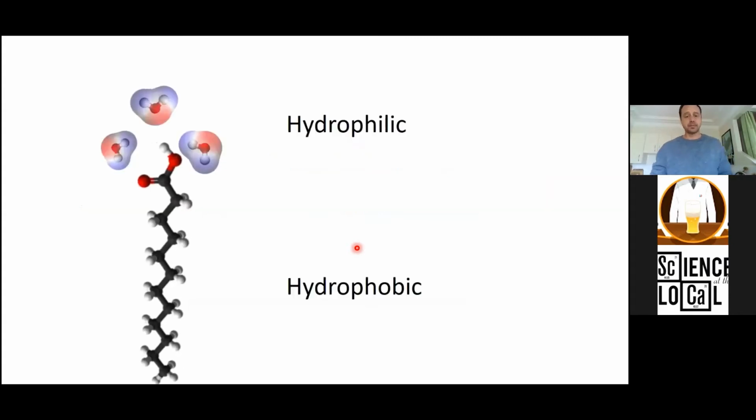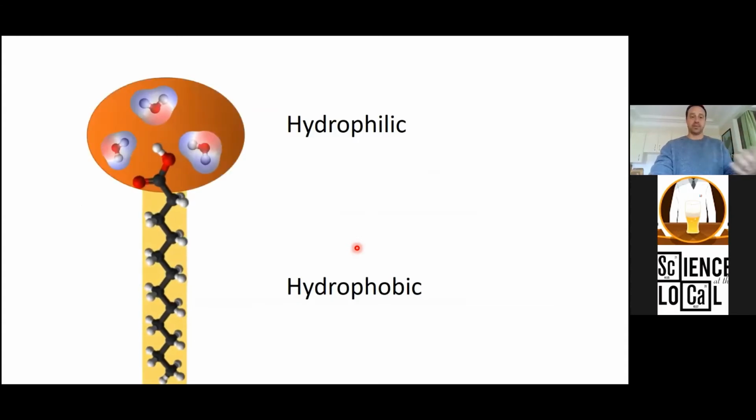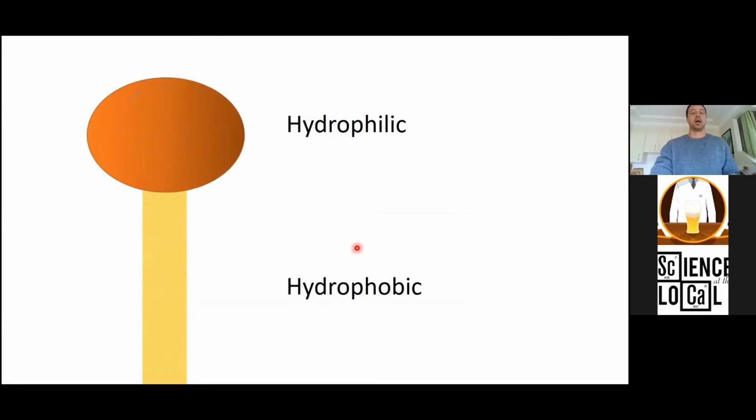Okay, so we go back to our surfactant. And it's got a hydrophilic side and a hydrophobic side. We've created that shape to describe it. Okay, that's a nice shape. Let's take that shape, and we'll put it in the middle of our screen so we can see it better.